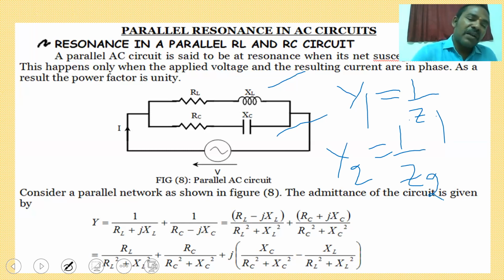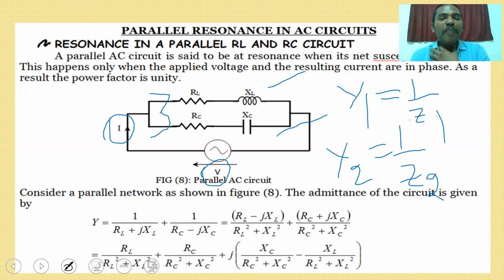For a parallel circuit, the voltage must be the same. The currents are divided into branches. So in a parallel circuit, what is the condition of resonance? The condition of resonance in a parallel circuit is that the net reactance value must be equal to 0. Admittance is G plus or minus jB, where G is the conductance and B is the susceptance.